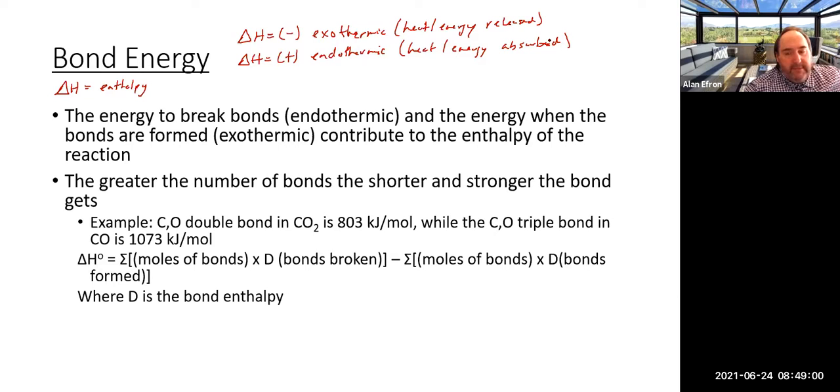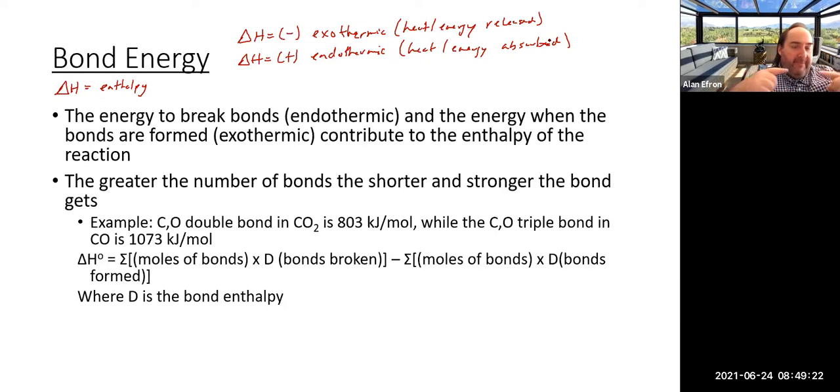Think about it logically: when we want to make bonds, we need to have things come together. Things have energy to begin with, so as they lose energy, exothermic, they slow down and allow themselves to come together. Not really just like that, but that's sort of what happens.